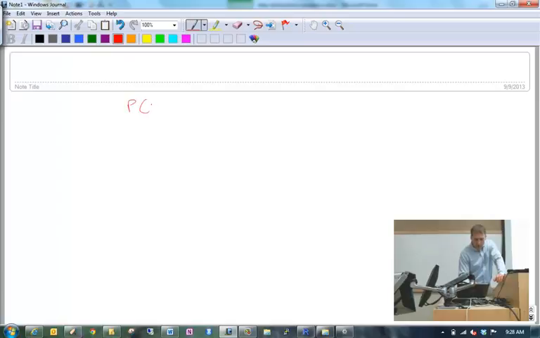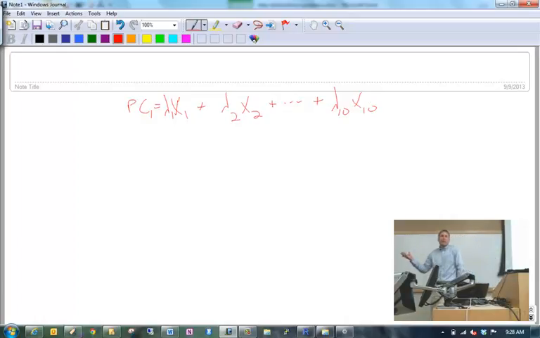What we'll try to do is look at a particular linear combination of these variables. We'll call these variables x1 through x10, and we have some coefficients on this linear combination that I just decided to call lambdas. What we're hoping is that through this linear combination, I could still get as much information from this data set that contains 10 variables by just looking at this linear combination. PC stands for principal component, by the way.